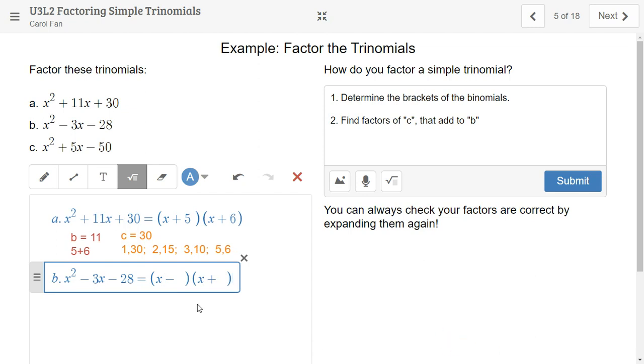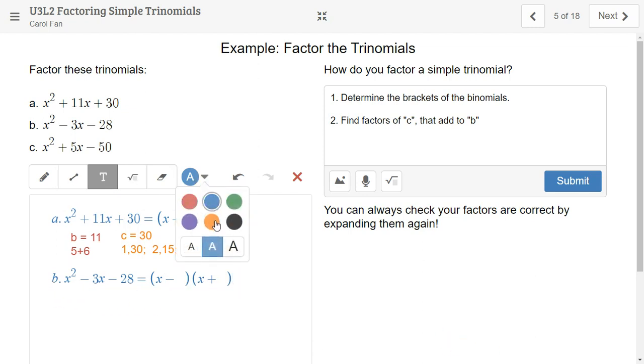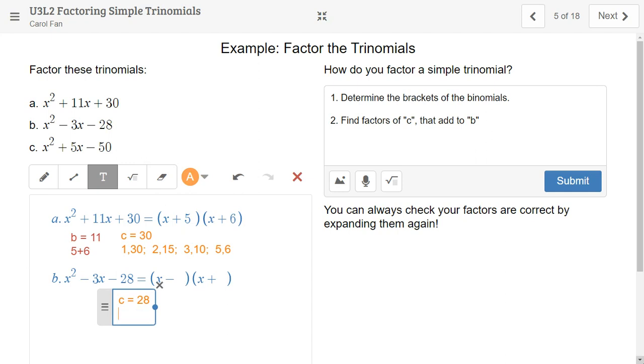I'm going to have one positive and one negative. Now let's take the factors of c, and it needs to add to negative 3. So I have 1 and 28, 2 and 14, 4 and 7.